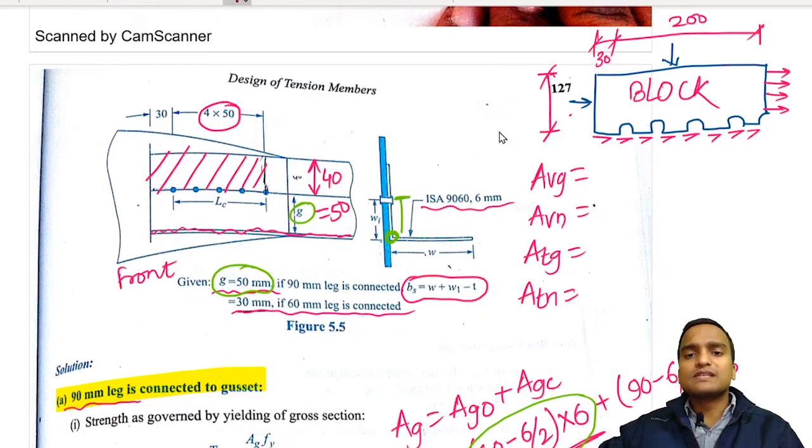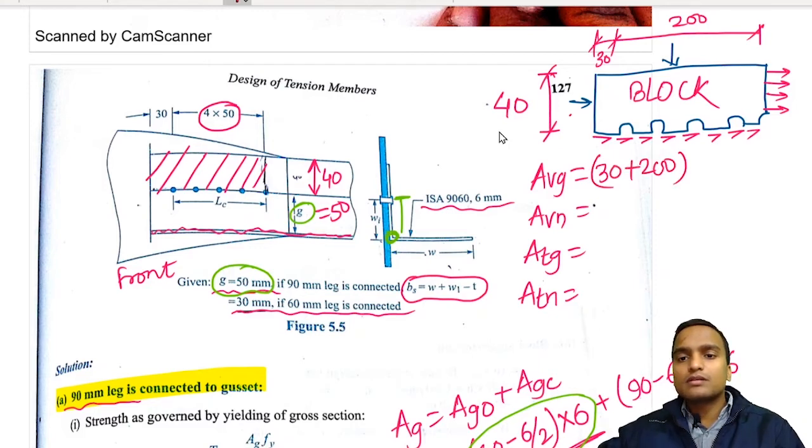So this length is equal to 40 mm. Now let us calculate AVG. AVG will be equal to 30 plus 200, since there is only one shear plane, and then multiplied with the thickness of the angle section, which is equal to 6 mm. So this is very easy. Now let us calculate AVN, and in AVN we have to incorporate the diameter of holes.